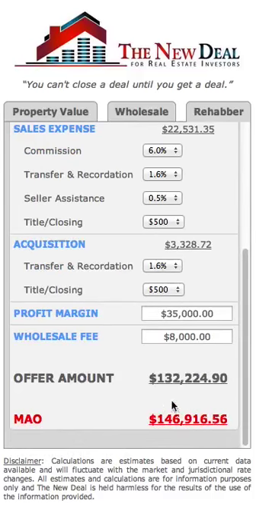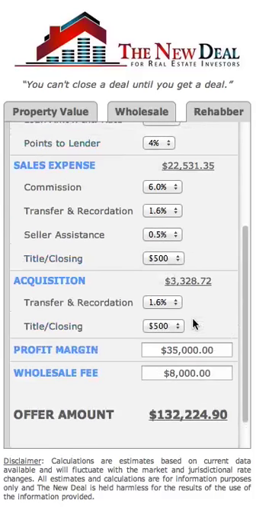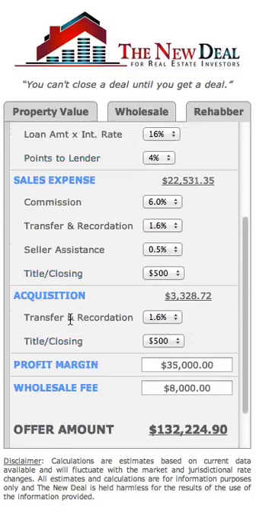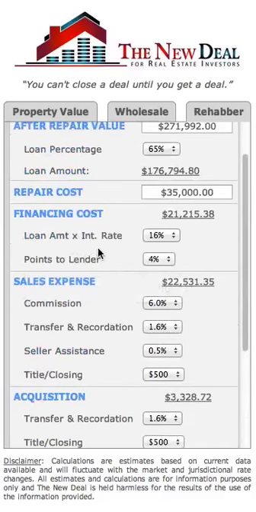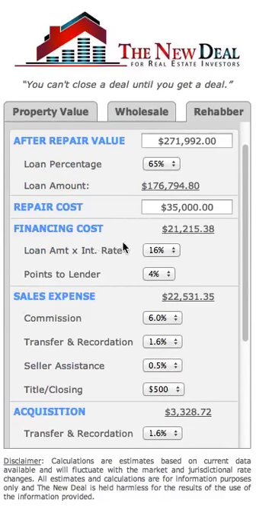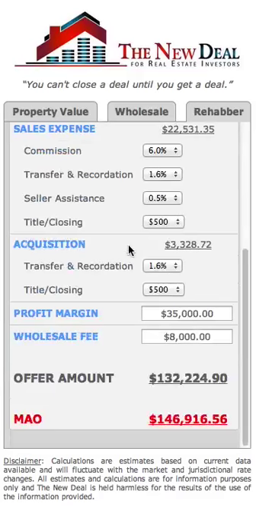So you can see that these numbers are different because we're including the acquisition, the wholesale fee, the sales expenses, the financing costs, the repair costs, all into this formula. That's incredibly important. That absolutely determines what you can potentially pay for the property, and that also will obviously impact what you will be able to acquire the property for.